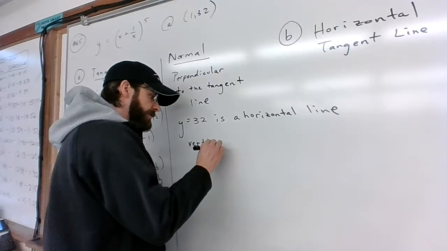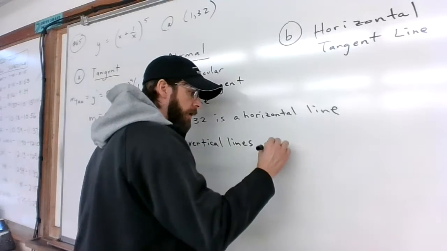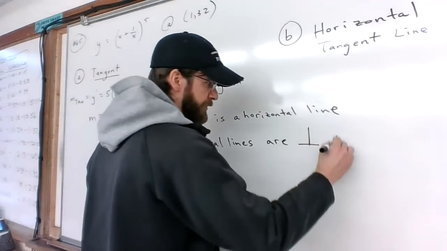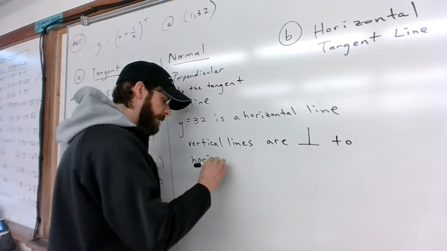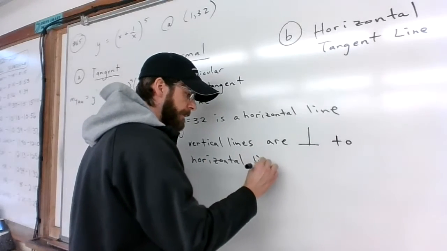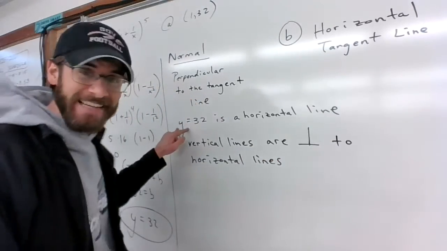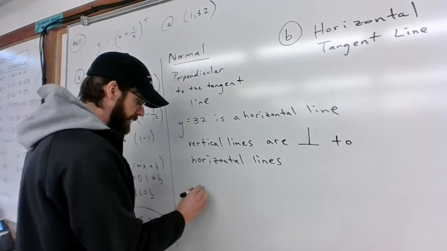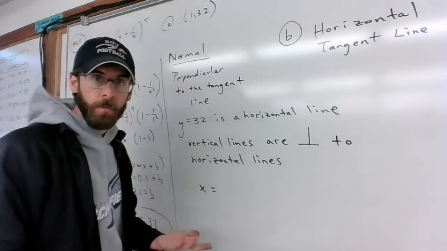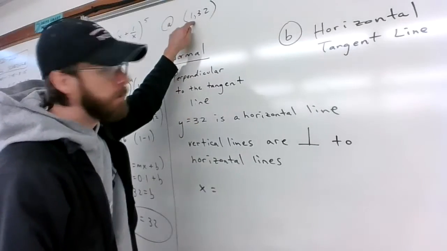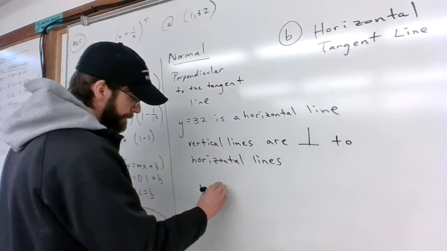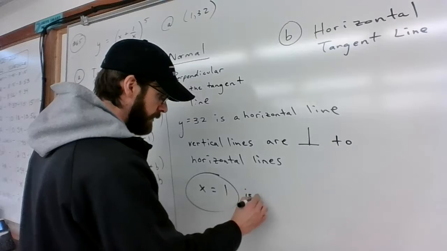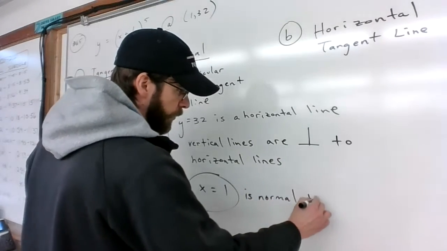So vertical lines are, I'll just use the symbol for perpendicularity, perpendicular to horizontal ones, which are written as x equals a number. So it's perpendicular to the y equals 32, and you write a vertical line as x equals. What point does it have to go through? That one. The x coordinate is 1, so it's x equals 1. So this one is normal to y equals 32.